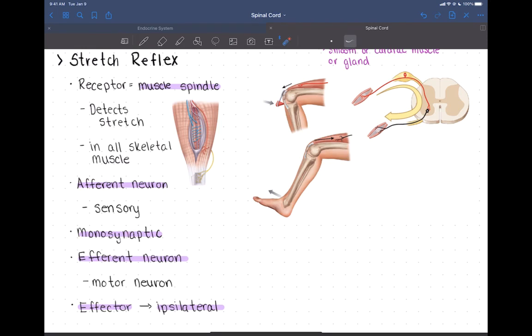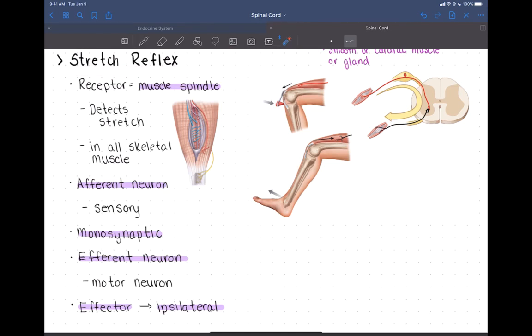If a muscle, like your quadriceps muscle here, is being stretched too much, it will trigger this reflex that will shorten the muscle to protect it from tearing. So the stretch reflex's function is to prevent overstretching of the muscle.